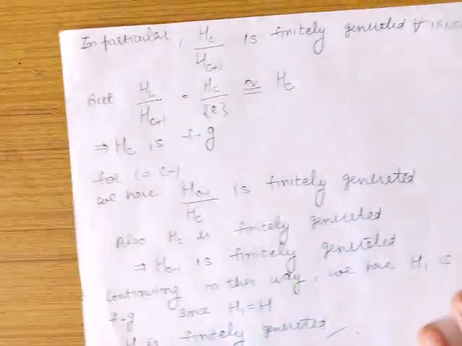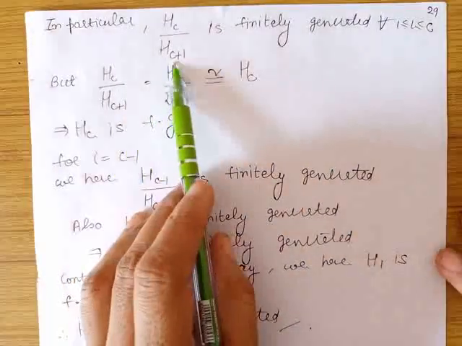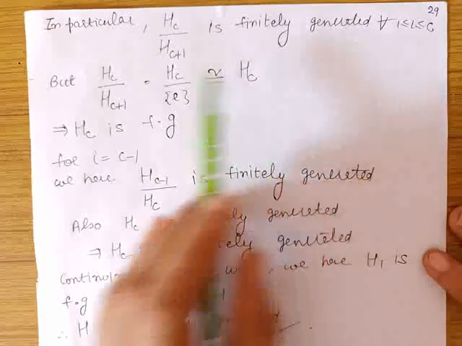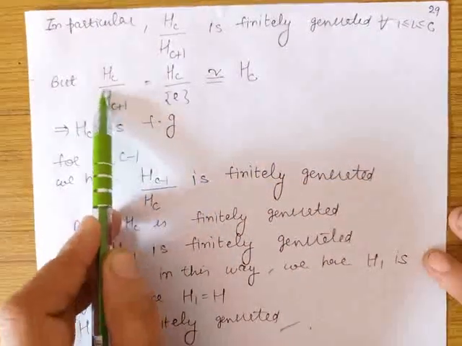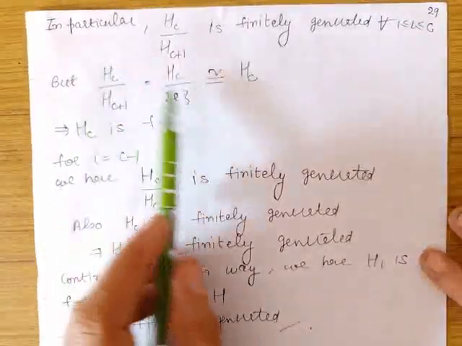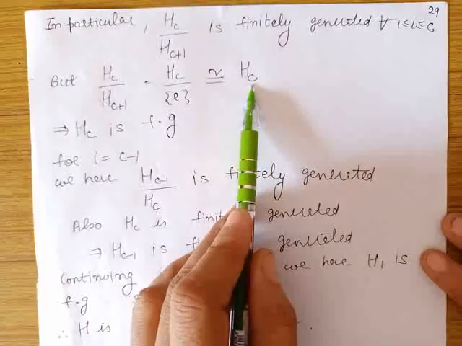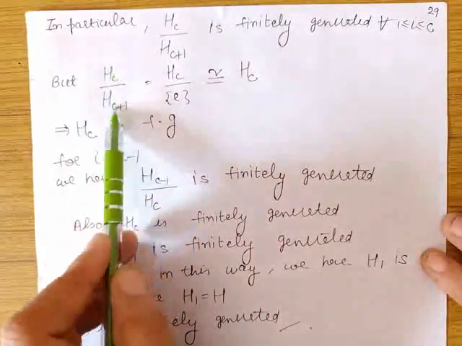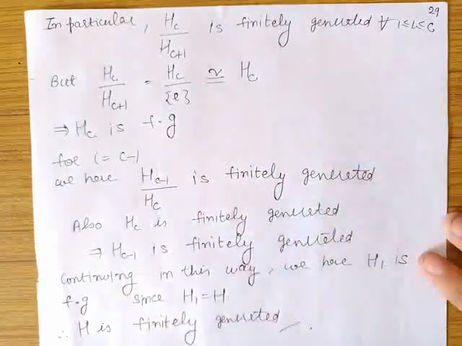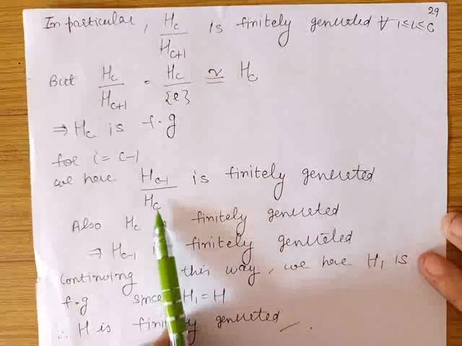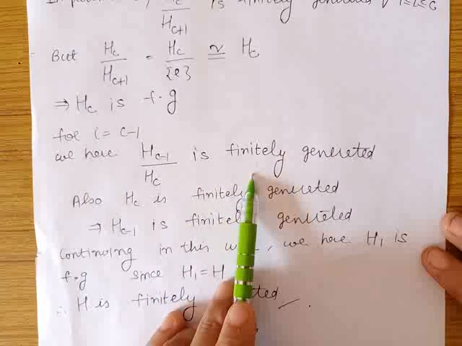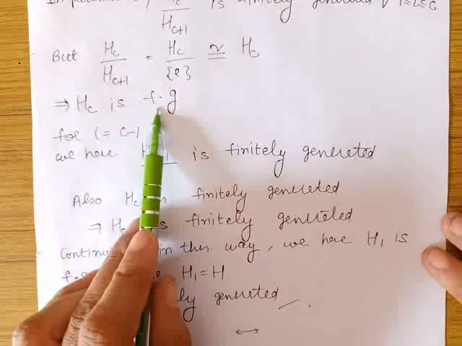the factor group H_C by H_(C+1) is finitely generated. Now this H_(C+1) is the identity. So this factor group is isomorphic to H_C, and this is finitely generated, which implies that H_C is finitely generated. Also, the factor group H_(C-1) by H_C is finitely generated, and H_C is finitely generated.